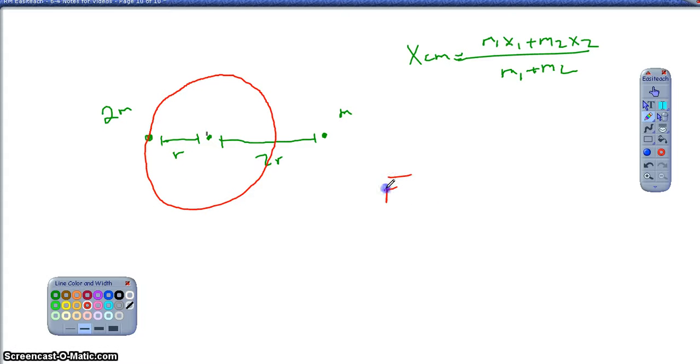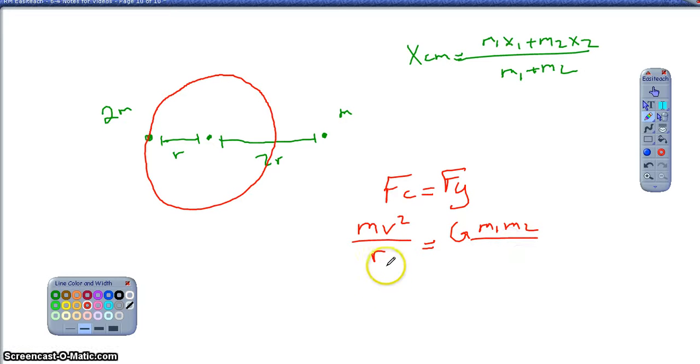The centripetal force for the heavier star would still be coming from mutual gravity between the two. This would be m v squared over just a single r equals G m1 m2 over the total distance between both stars. Well, the total distance between both stars would be that total 3r. So again, we can see that the distance here would not be the same. That's the key concept, that's the key relationship.